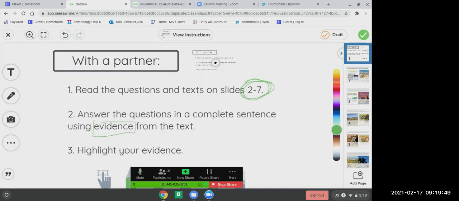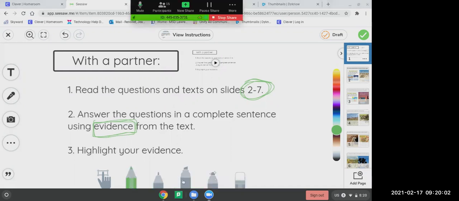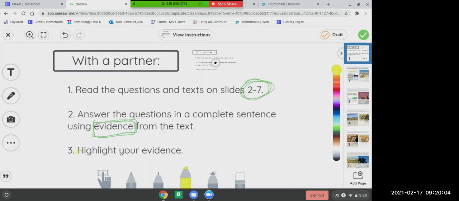We are using evidence from the text to help us answer questions. Number 3, you need to highlight your evidence. When you find an answer, you're going to highlight your evidence in the text.